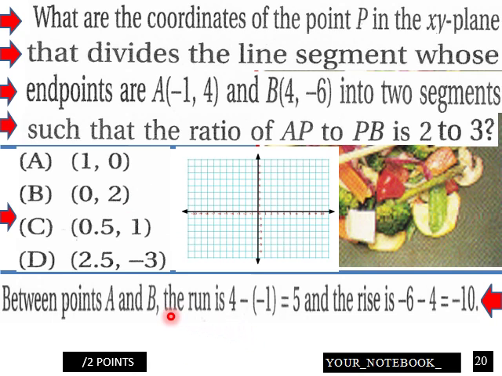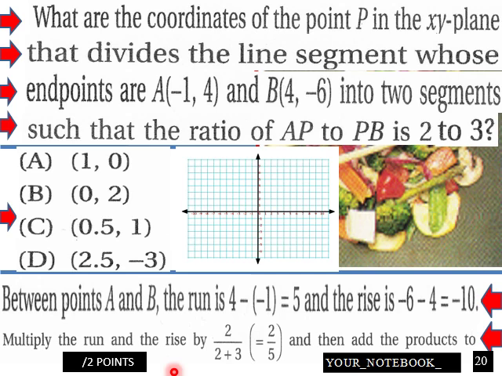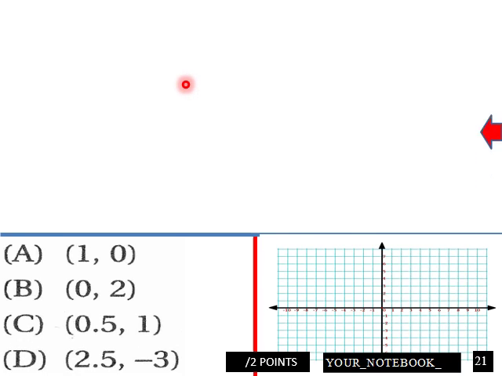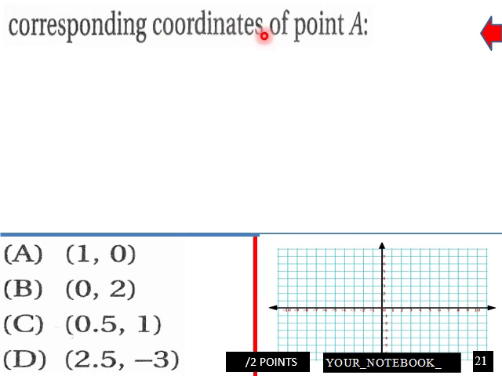Between points A and B, we have a run of 5 and a rise of -10. We multiply run and rise by 2 over 2 plus 3, which equals 2 over 5, and then add the corresponding coordinates of A.